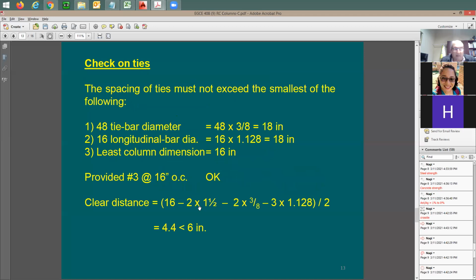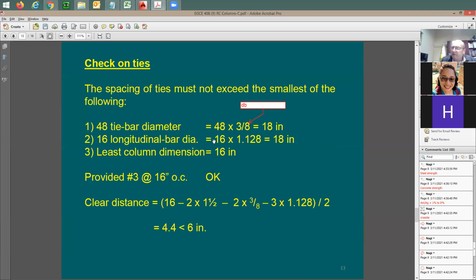How about the ties? I'd like also to check the ties. It says here the maximum is going to be 48 times the tie bar diameter. The ties they gave me, they say is going to be 3/8 of an inch, number 3. This is going to be the bar diameter, d_b. d_b times 48 is going to be 18 inch. 16 times longitudinal bar diameter.